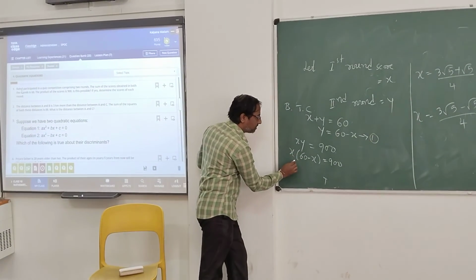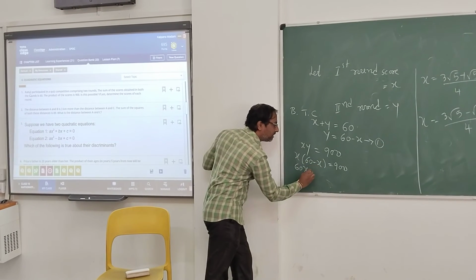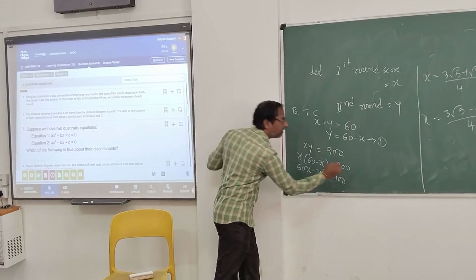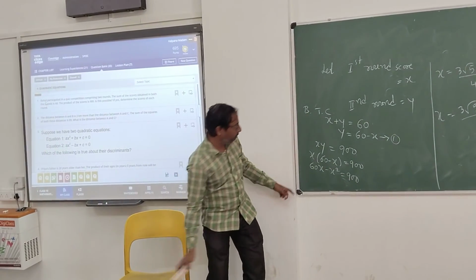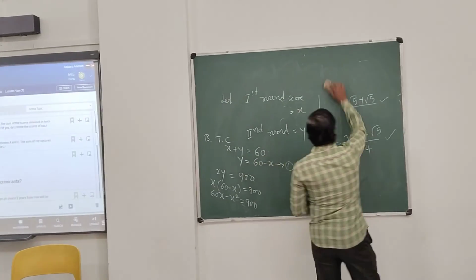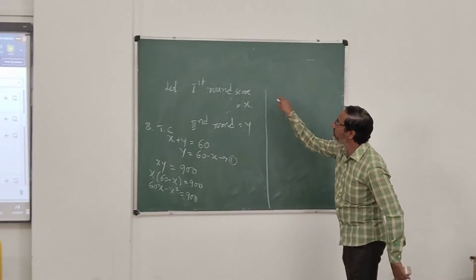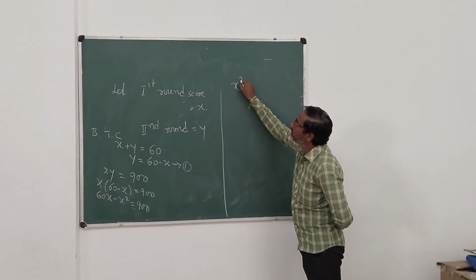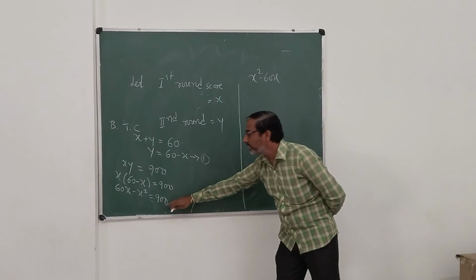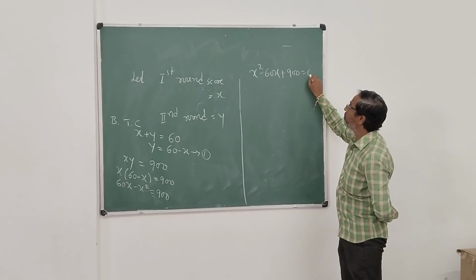So 60 into x is 60x, and x into minus x is minus x square, equal to 900. Now we transpose these two terms to the RHS. Minus x square comes to the RHS as plus x square, and minus 60x. This 900 remains there only, that is plus 900 equal to 0.